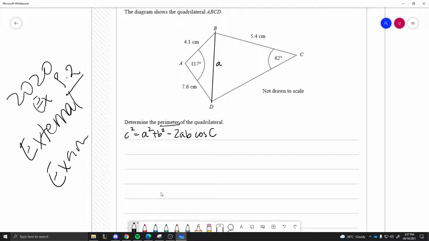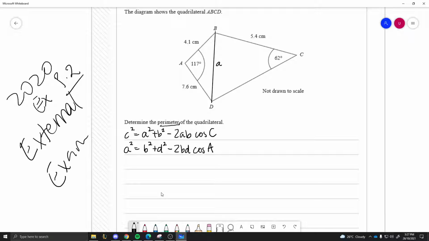We actually have d here instead, so let's call this side little d, and this side b, because these are opposite to these angles. So a squared, which is what we're looking for, equals b squared plus d squared minus 2bd cos a. We have a value for a, b and d, so let's sub this in to find a.